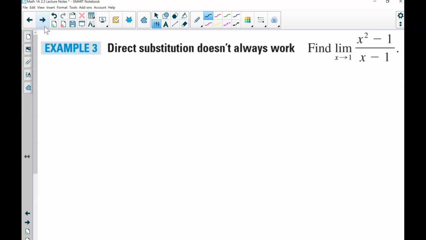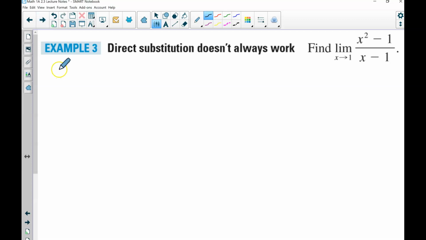Okay, so let's find the limit as x approaches 1 of x squared minus 1 over x minus 1. Let's do this in two ways. The first way is, if we take a look at this law, we have the quotient.